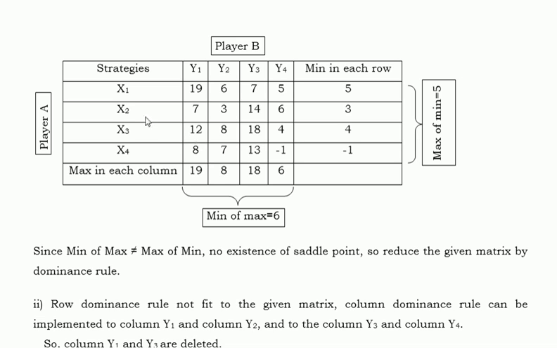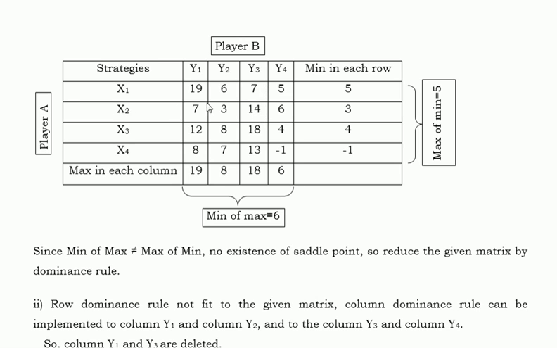For example, if you select x2 and compare with x1, 7 is less than 19, 3 is less than 6, but 14 is not less than 7. So it is not accepted. It means the row dominance rule does not fit between them.